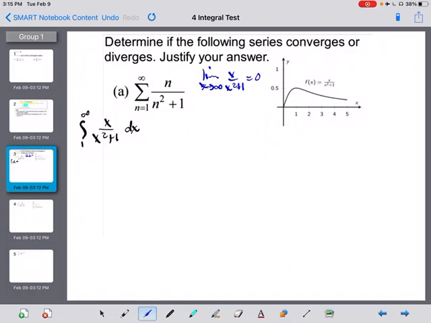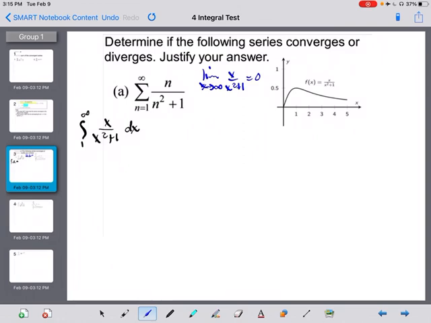That is a little bit of a justification that lets us know it's decreasing. If you plug in values of x or even n back into the original, we know it's going to be positive, and from 1 to infinity there's not going to be any kind of discontinuity along the way. So we definitely know that it is decreasing, positive, and continuous.